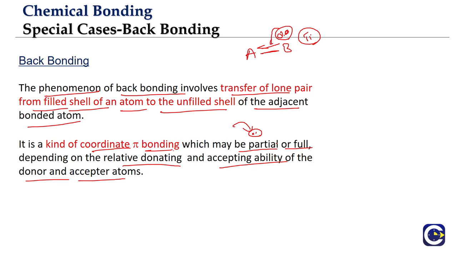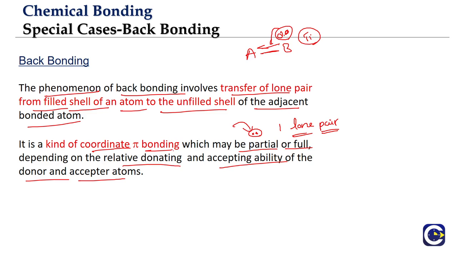But mostly the examples we are going to discuss involve a complete coordinate pi bond, where one lone pair of electrons is used for sharing between the donor atom and the acceptor. Remember, in the context of the coordinate bond, when we say donor, it is not losing electrons, it is giving electrons for sharing, that is it.